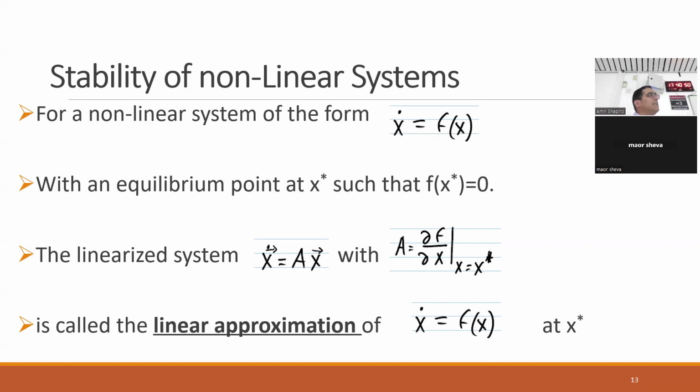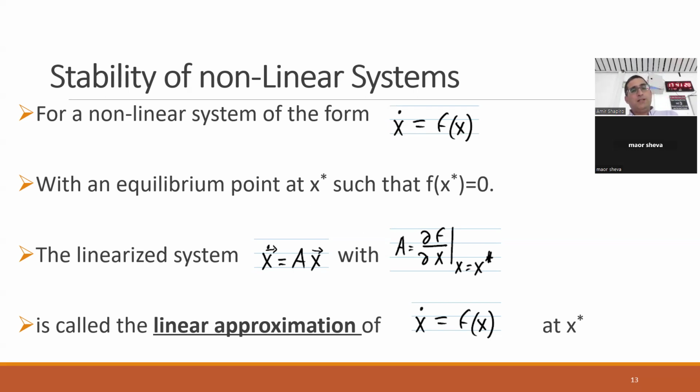You can look at it like a system with only one variable. So this is like the derivative, like the tangent vector to the curve. So it's a first order linear approximation of f. This is called the linear approximation of x dot equals f of x at the point x star, at the equilibrium.